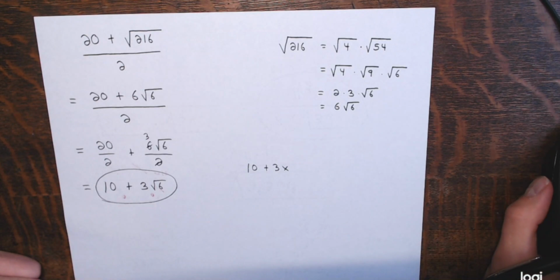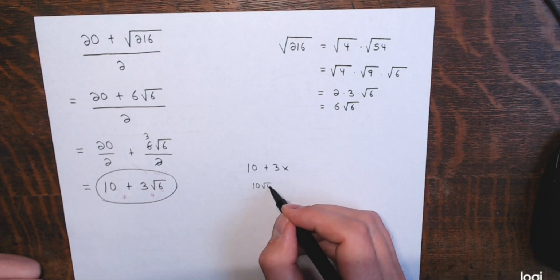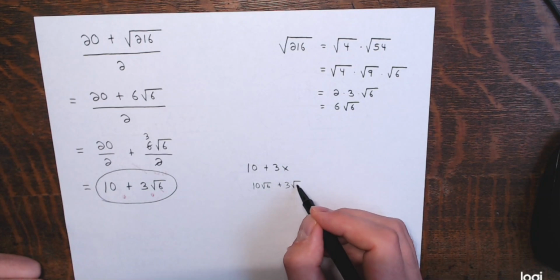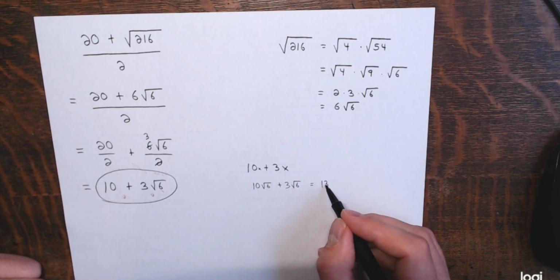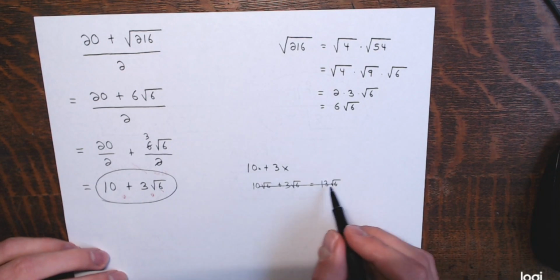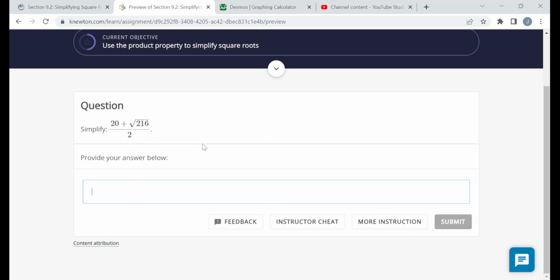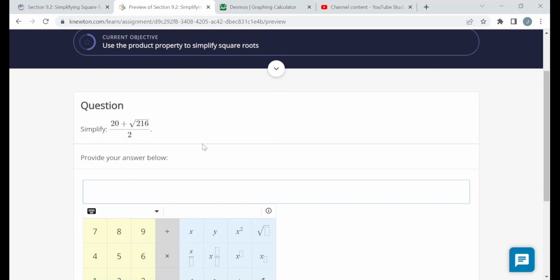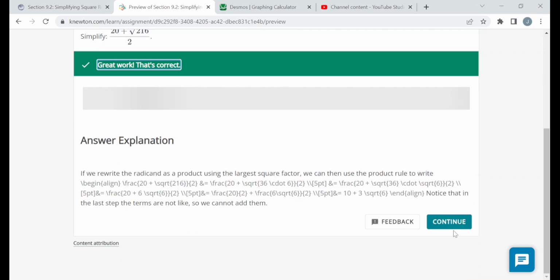Now if they both had a square root of 6, right, if it was 10 times the square root of 6 plus 3 times the square root of 6, these would be called like radicals, and then you put them together just like 10x plus 3x and make 13 times the square root of 6. But that's not what's happening here, though. These stay the way they are. All right, so after simplifying the square root of 216 and then dividing everything by 2, I end up with 10 plus 3 times the square root of 6.